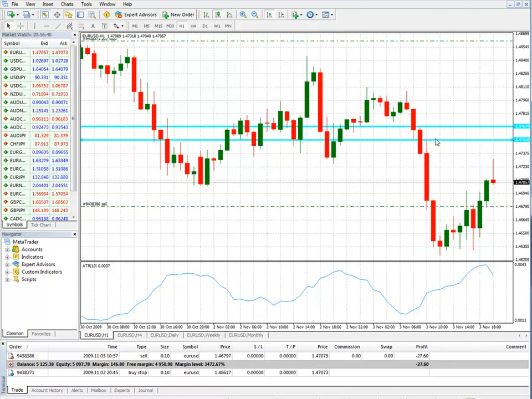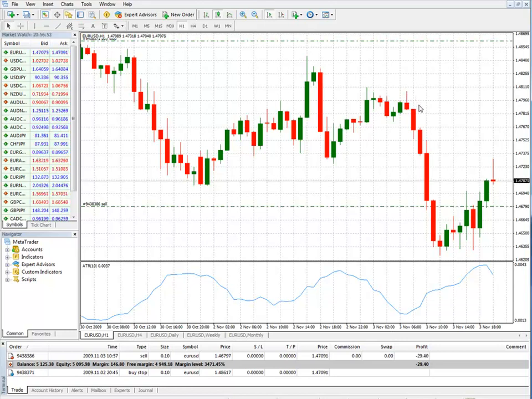And that's called a trailing stop because it trails or follows the price action. So a trailing stop on a sell gets lower and lower and lower as the price moves down. Going upward, a trailing stop gets higher and higher and higher.